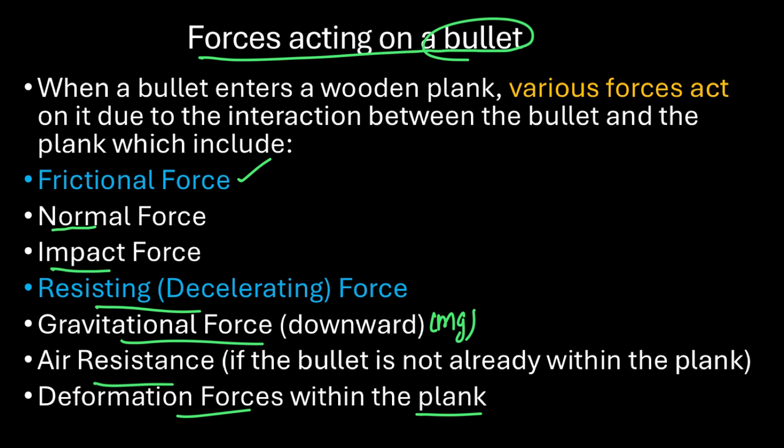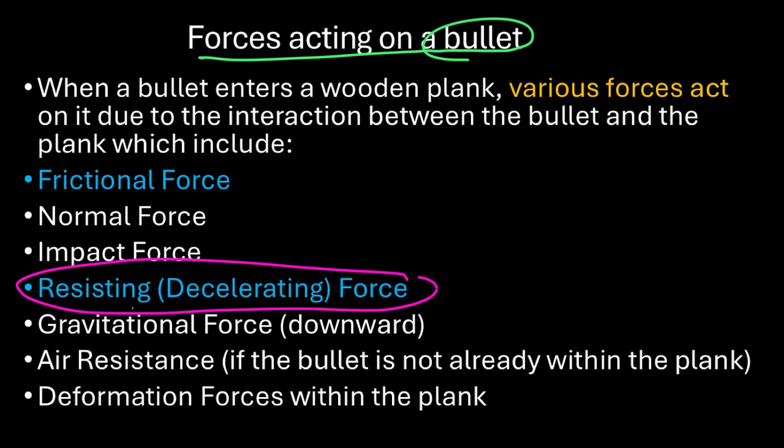So there are multiple forces which are acting in the system. Now, to be more precise, in this question, what we need to understand is most of the forces here are neglected, and the only force that we consider here is the resisting force. It is the only force acting in the system.